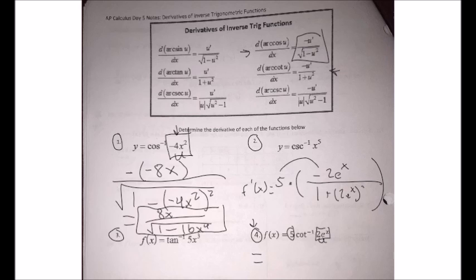Let me multiply that 5 inside, negative 10 e to the x, all over 1 plus 2 squared is 4. E to the x squared, that's really e to the x times e to the x, which is actually e to the 2x, if we remember some Algebra 1 jaunt.